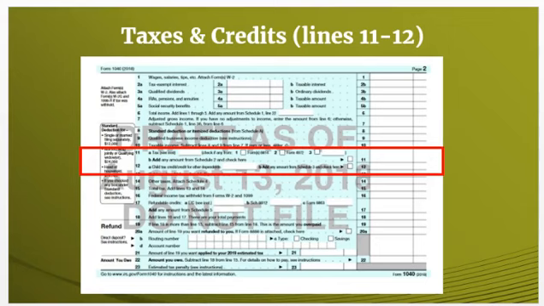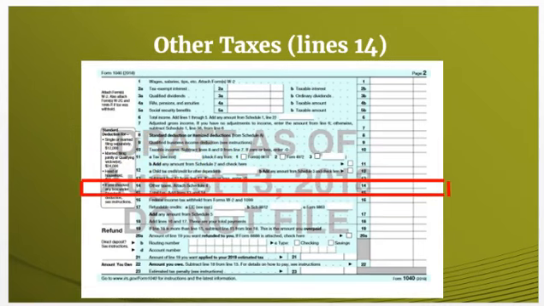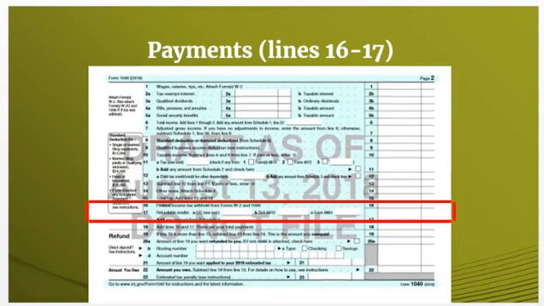And then on lines 11 through 12, we have taxes and credits. Line 14, we've got other taxes. Remember, I told you that we could have other taxes. Lines 16 through 17 is our payments.